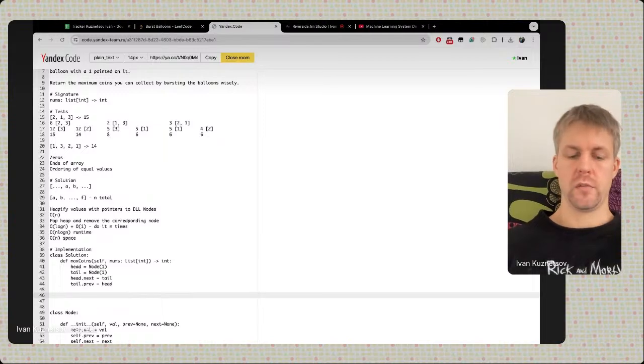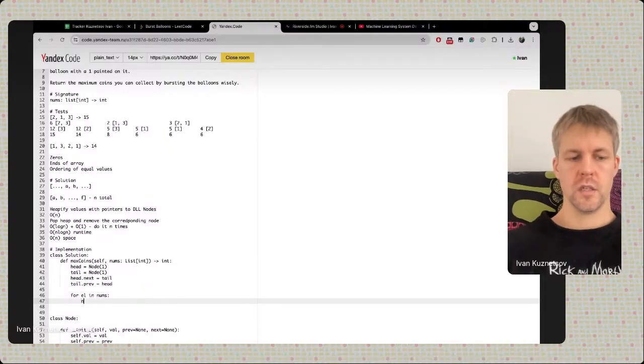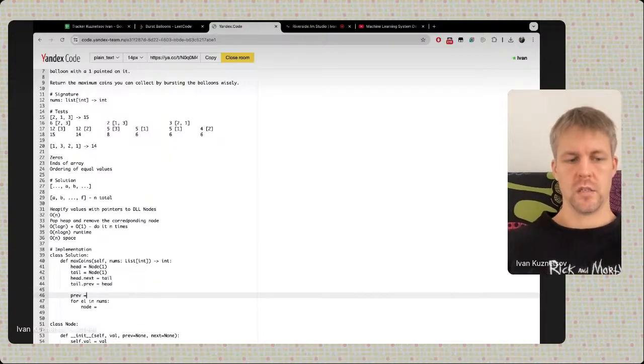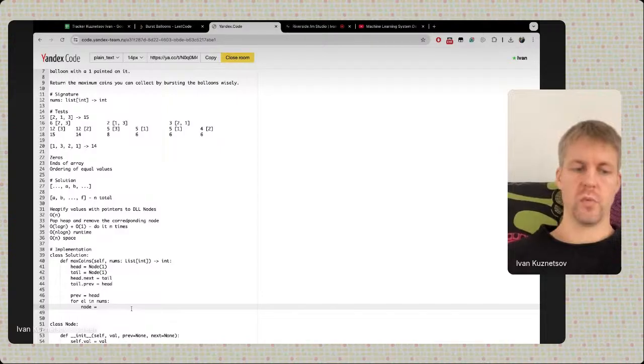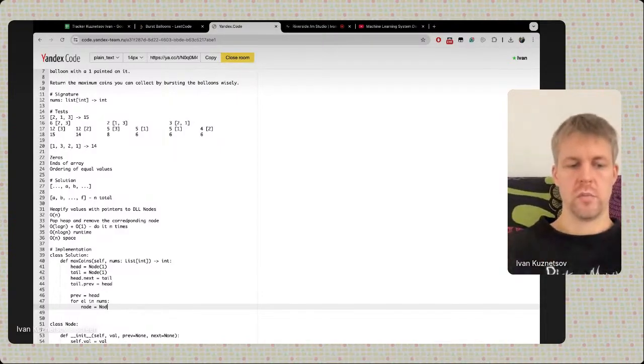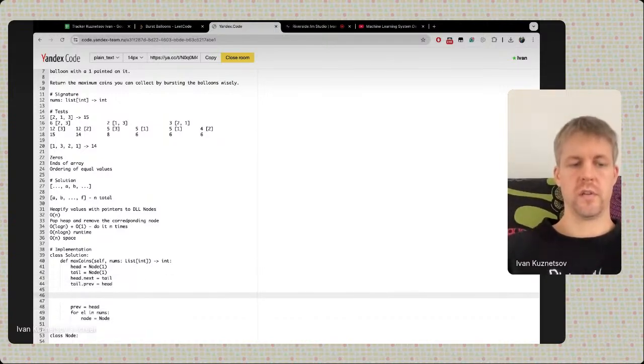So what do we need to do here? For element in nums, node equals node with previous as head. In this case, we will be adding those before the tail.